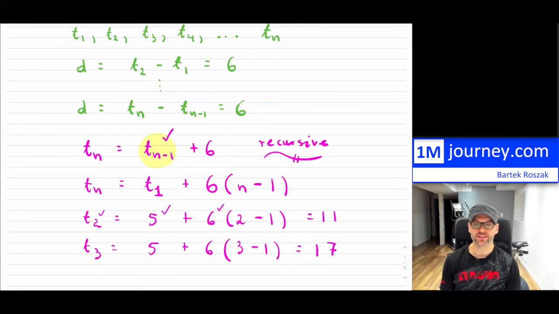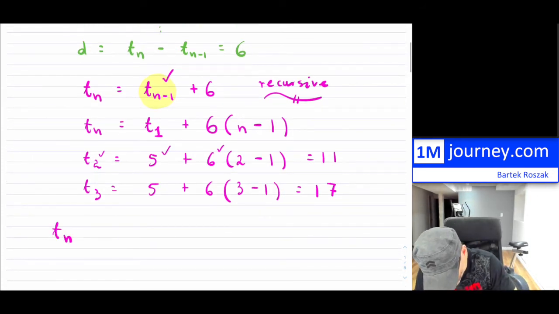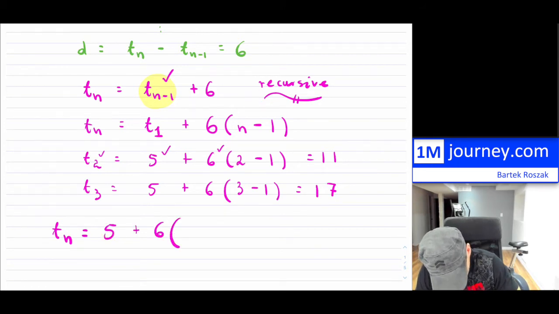So we have our general formula where we can find any term we like, as long as we know what the first term is and the difference between the terms. Once you know that, you take the difference and multiply it by n minus 1, and then you'll have your result. For our example, this would have been 5 plus 6 times n minus 1.